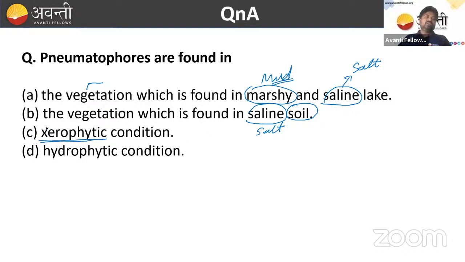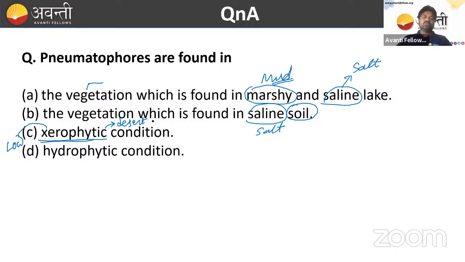Next is the xerophytic condition. Xero means very low. Xerophytic condition का meaning होगा a water level is very low. So when the water level is very low, that condition is known as the xerophytic condition. And this xerophytic condition we can call desert condition.